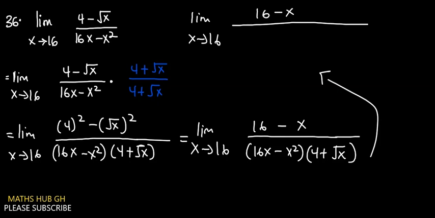For the denominator, we are going to factor out x from the first expression, so we are going to have x bracket open 16 minus x, multiplying 4 plus the square root of x. From here you can see that you can cancel out the 16 minus x from both the numerator and the denominator.